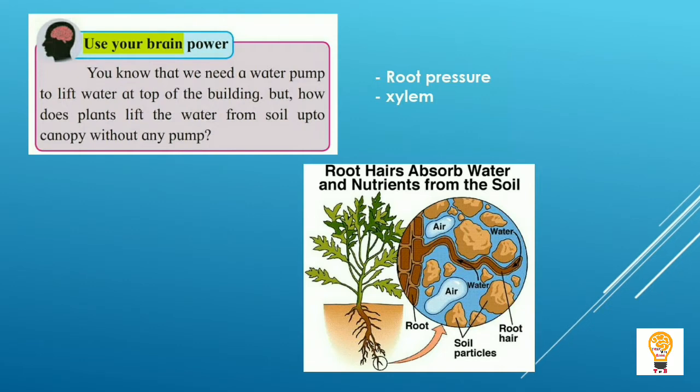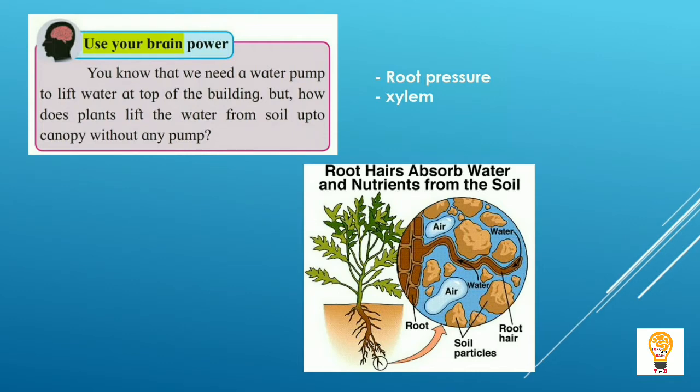So basically the concept behind this is that root has small cells which absorb water. Students, here I am giving you just a basic idea of what we are going to learn in the chapter, so don't get confused over here. Root hairs have small cells which absorb water from the soil and get swollen.